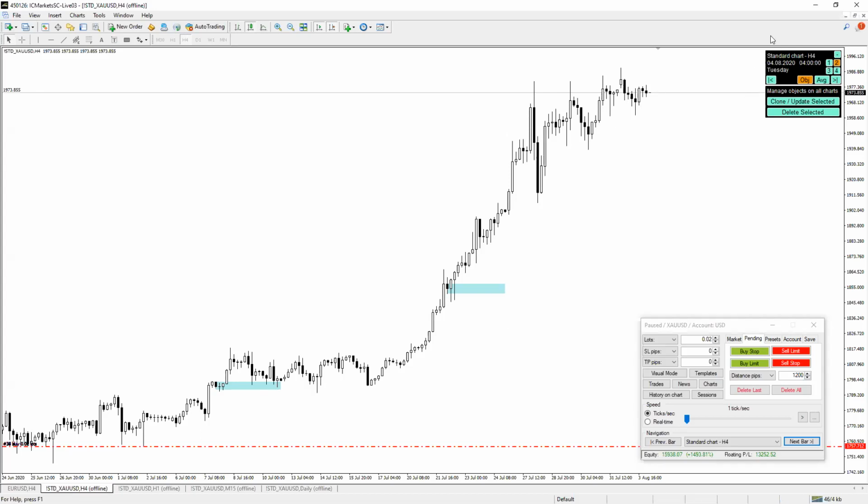But how we'll be looking for it is simple. We'll be waiting for price to push up, break, and then look for an entry to the downside. That's all I'll be looking for.